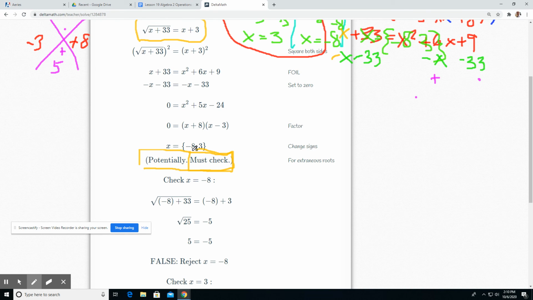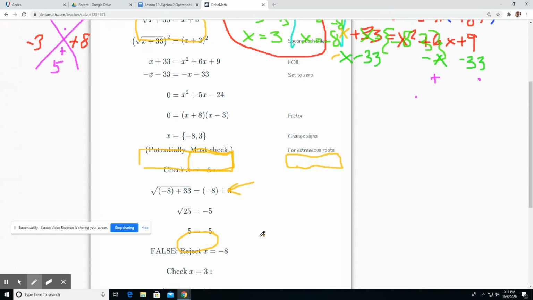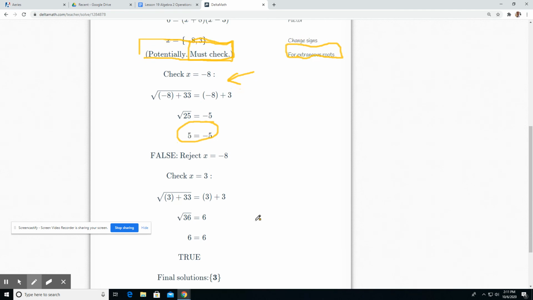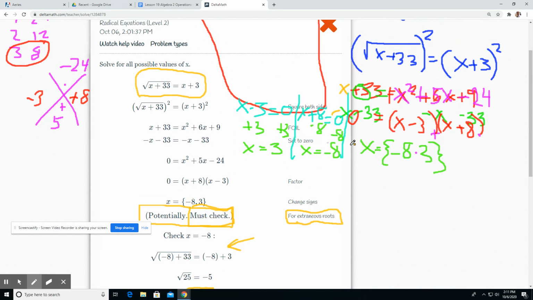So notice when we plug the negative 8 in, I get no solution right here. So it's extraneous. There it is. It's an extraneous root. We have to check to make sure that they work. And then the other one is true. The 3 is true. So all the math was correct.